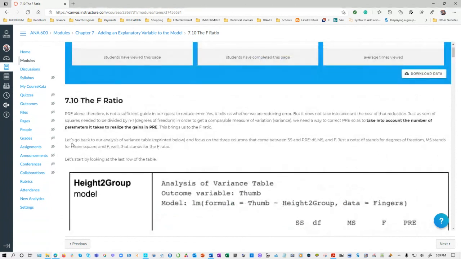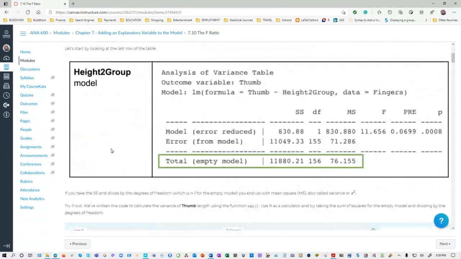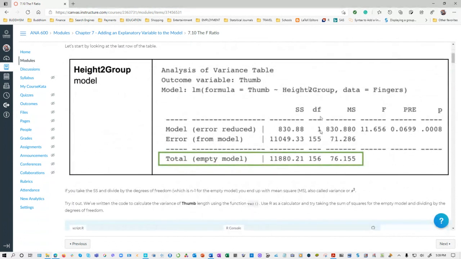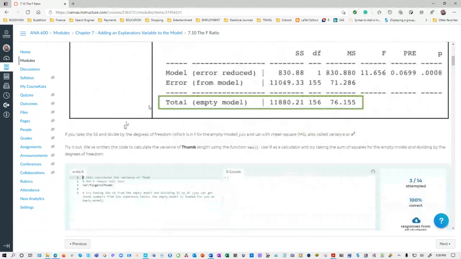That's why. Let's go back to our analysis of variance table printed below and focus on the three columns that come between SS and PRE: DF, MS, and F. Just a note, DF stands for the degrees of freedom, MS stands for the mean squared, and F stands for the F ratio. See, we know this one.